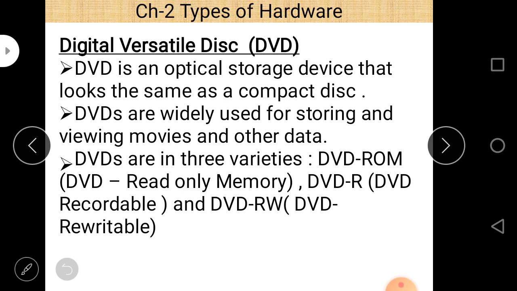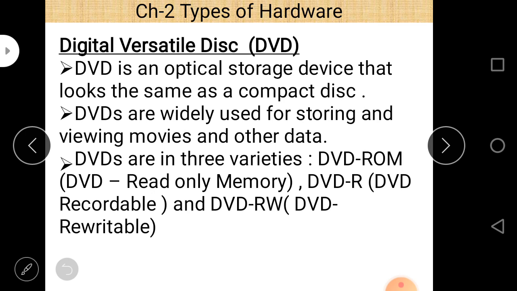Next is the digital versatile disk, sometimes also known as digital video disk. In early days it was known as digital video disk because these disks were used to store video files. But as time went on, digital versatile disks were used for different types of data, either a text file, audio file, image, or a video file.